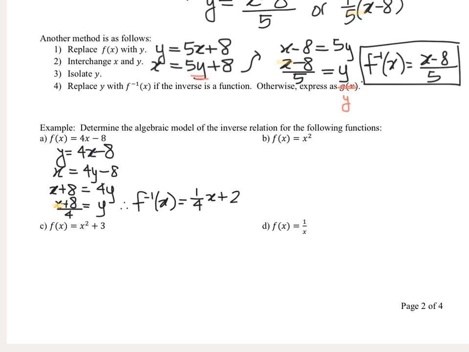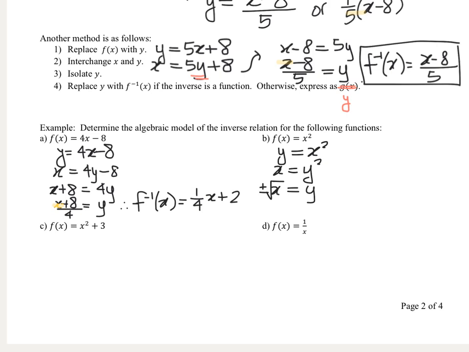For the next example, again, we're going to rewrite y equals x squared, and then we have x is equal to y squared because we switched x and y, and now we want to get y by itself. So anytime we go from square to taking the square root, you have to take the positive and negative square root, like so.